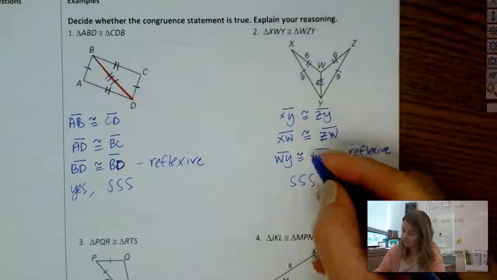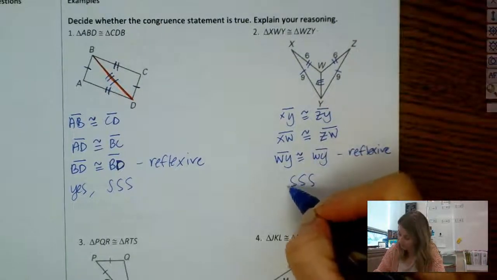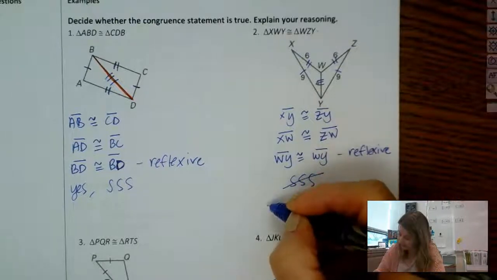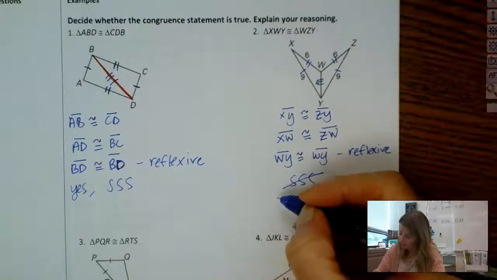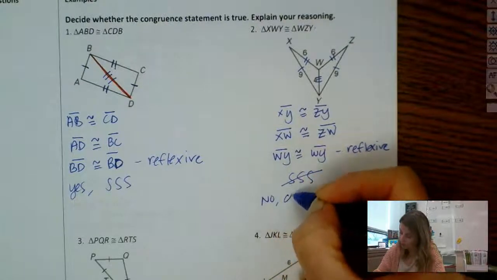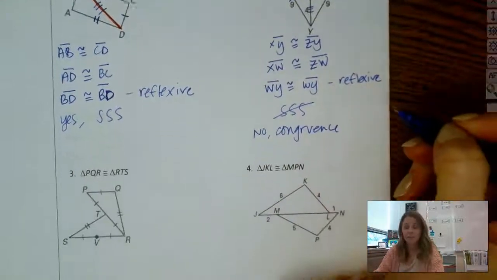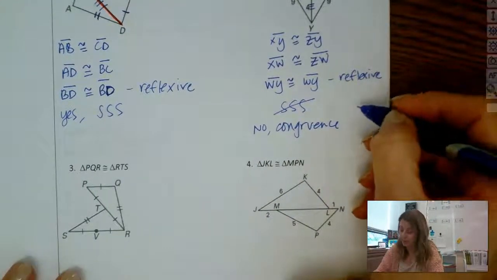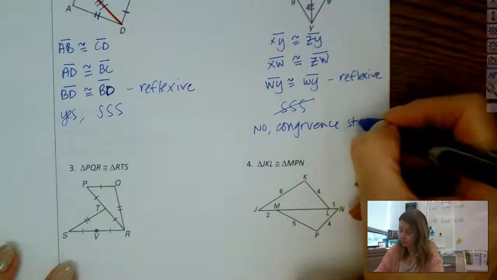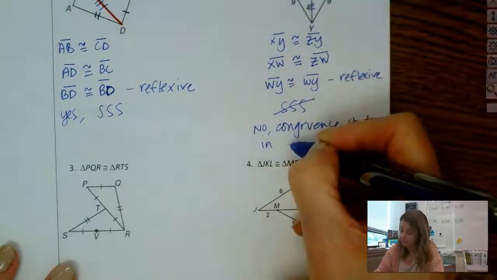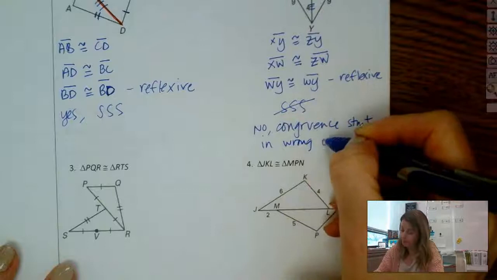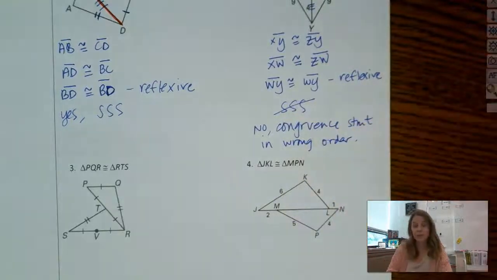So I'm going to say here, decide whether the congruent statement is true. No, congruence statement in the wrong order. So yes, the triangles are congruent by side, side, side, but the statement I'm provided with in this problem is not in the correct order.